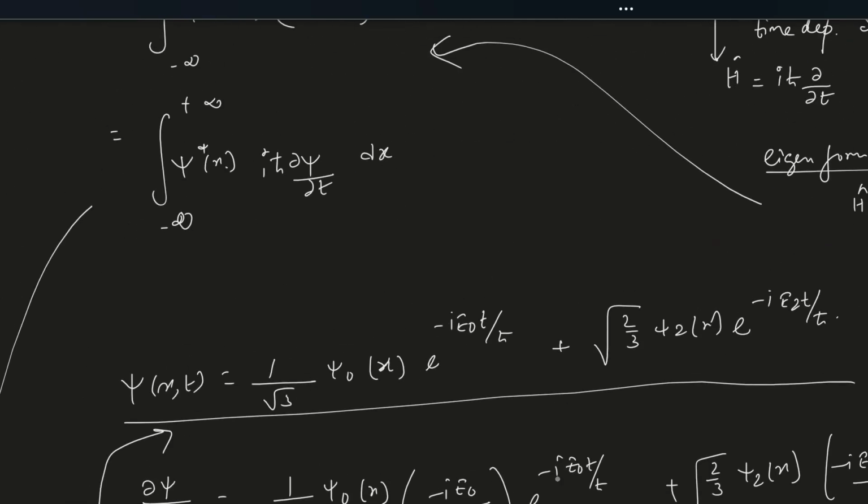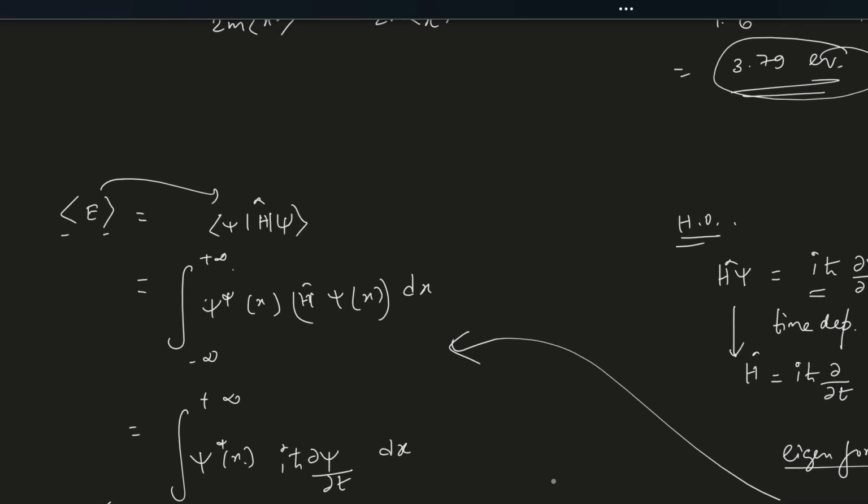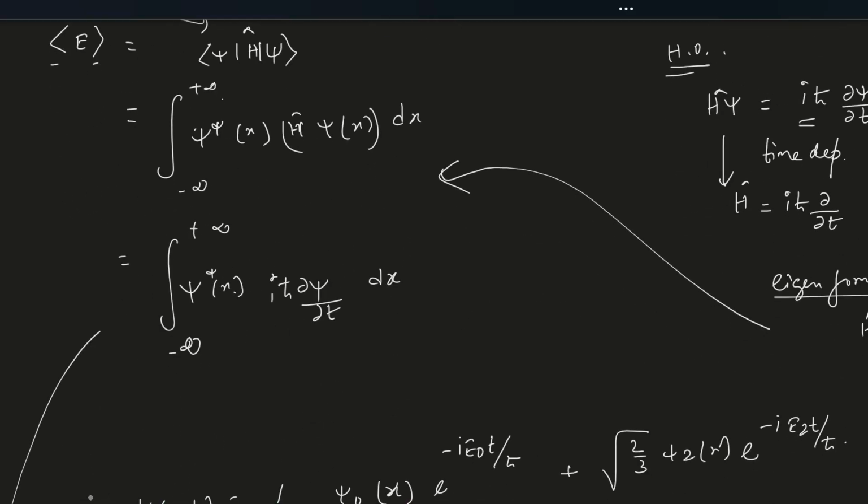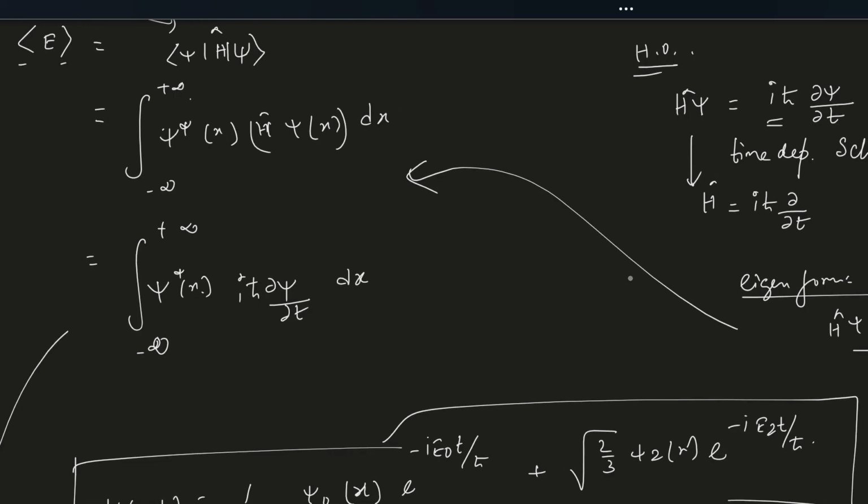But now I'll tell you the shorter trick. It's a very simple trick that whenever you have the wave function mentioned like this, and you know the individual coefficients coming from them, like here there is an E naught and there is an E2, and you have these individual coefficient terms.